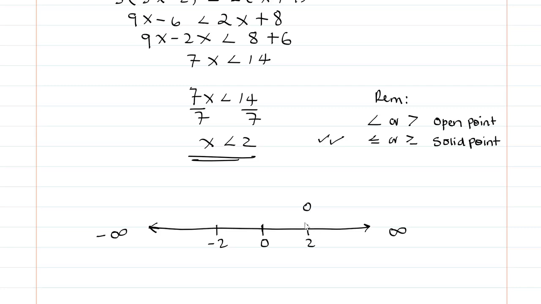It is close to 2, but it's not 2, so we use an open point. And then if you look at the inequality, x is less, so our variable takes on values which are less. So you go down to the lesser side. So this is the representation for the solution x is less than 2.